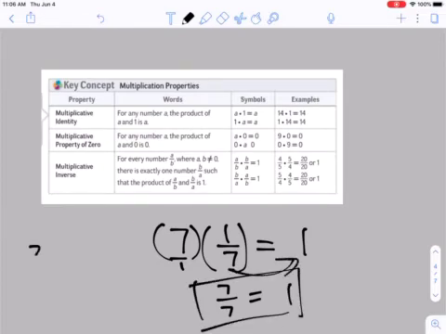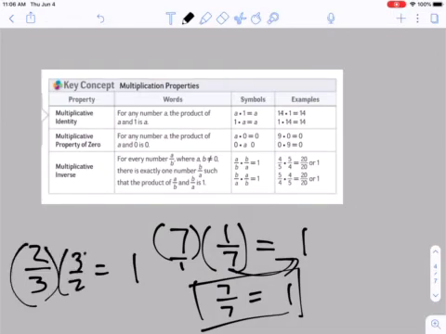If I have 2/3 and I ask what do I multiply by that to get 1, then the multiplicative inverse would be the reciprocal of it, which is 3/2. Similarly, if I have a negative number, supposing I have negative 1/2, the multiplicative inverse of that would be negative 2 over 1, or negative 2, because I need that negative times that negative to make it positive.